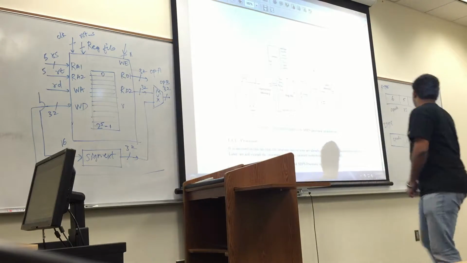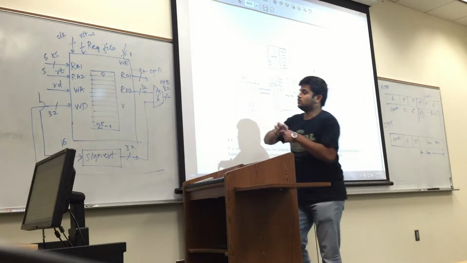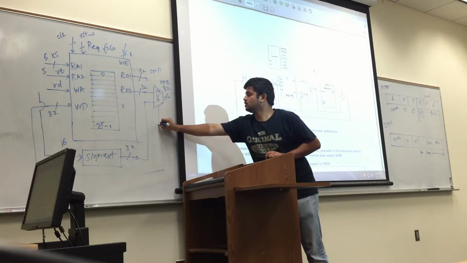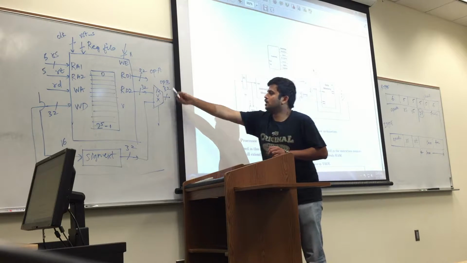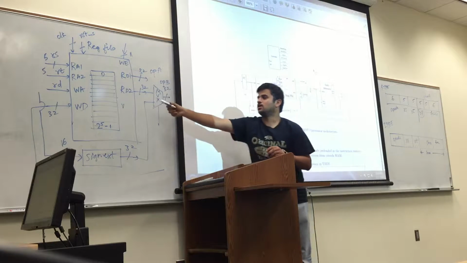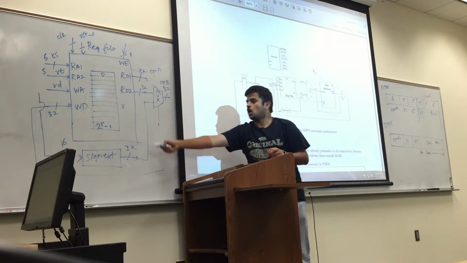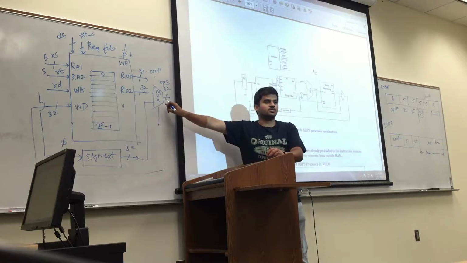You won't be considering this immediate. So you have the mux here. Mux is used to select the operand B. So operand B, either it can be the output of the register file, or it can be the sign extended output. That will be selected using this mux.